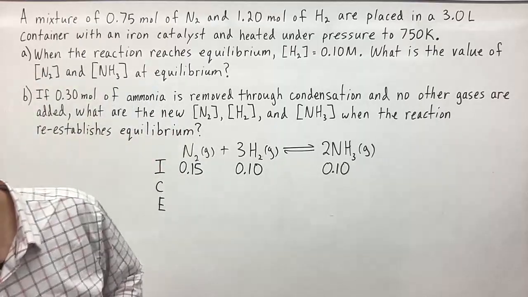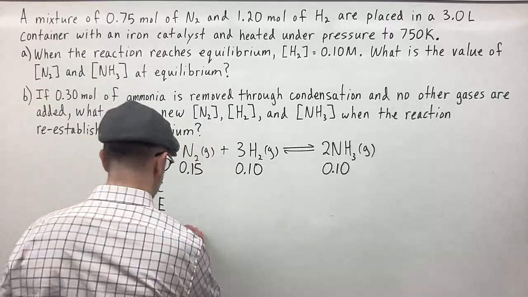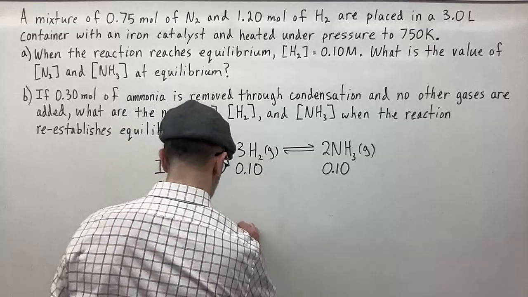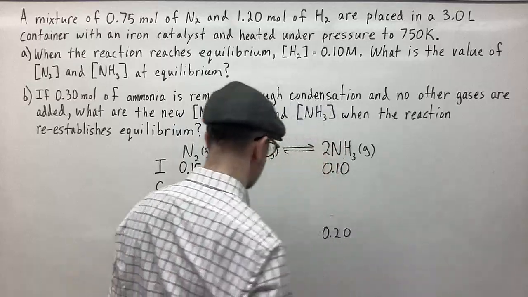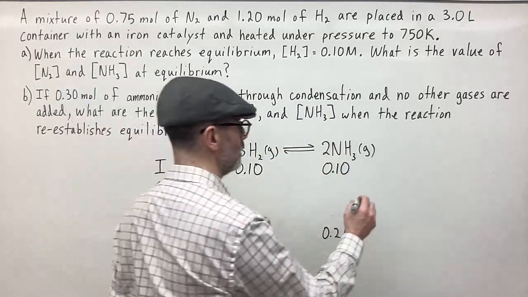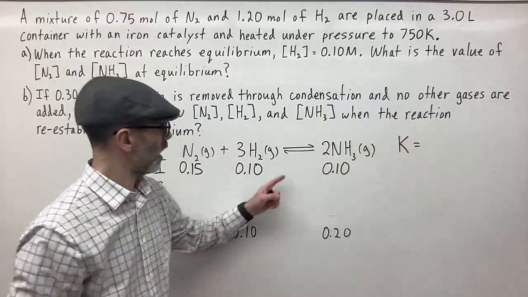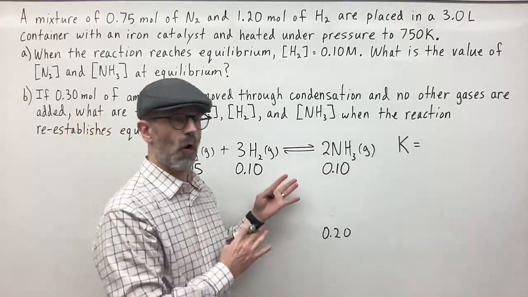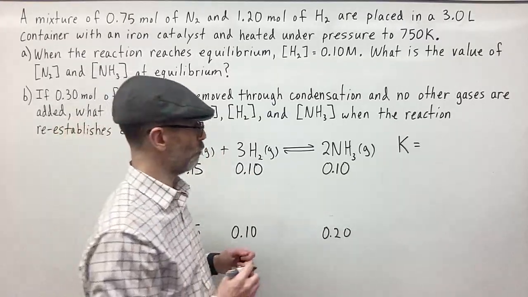And if you remember, those were 0.15, 0.1, 0.20, right? So let me write that down here. And remember, the equilibrium constant expression for this reaction is K equal to the concentration of products over the concentration of reactants, raised to the powers of their coefficients.